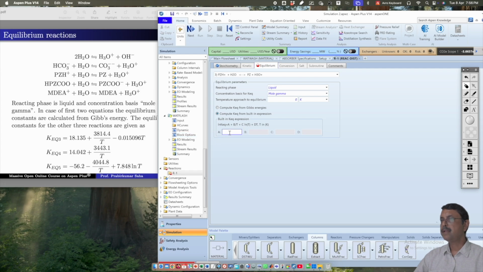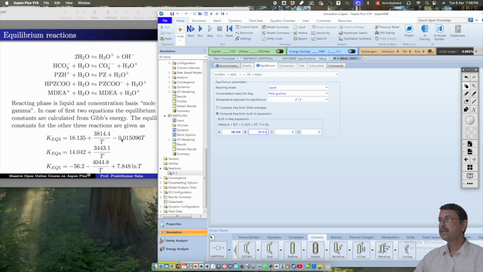A is 18.135. B is 3814.4 by T, and there is no C over here because the ln T term is not there. The D T term is there.